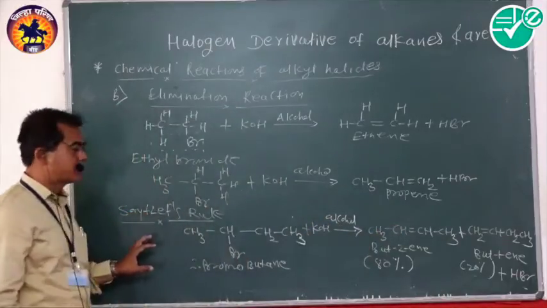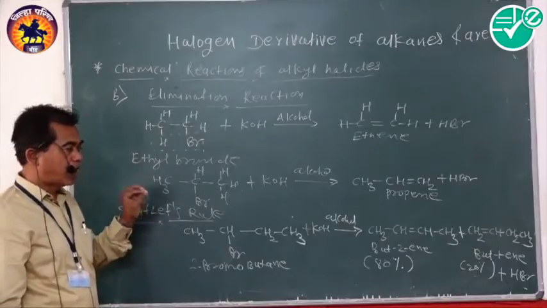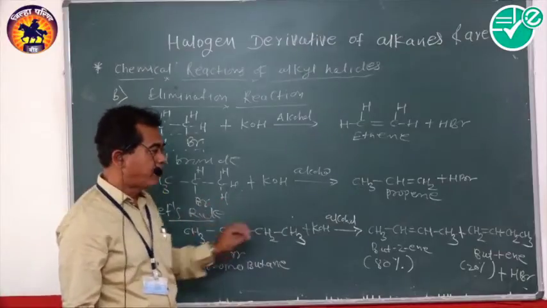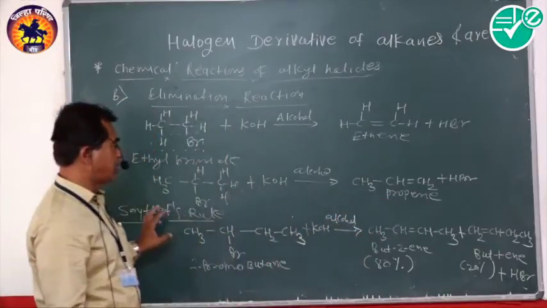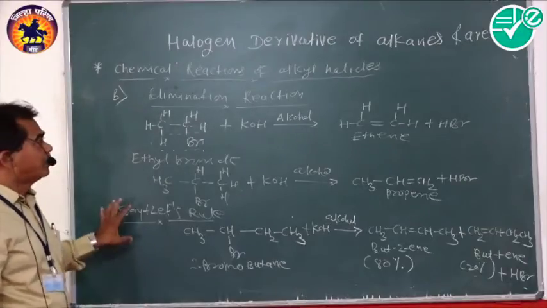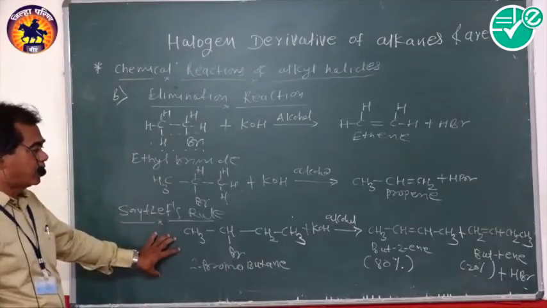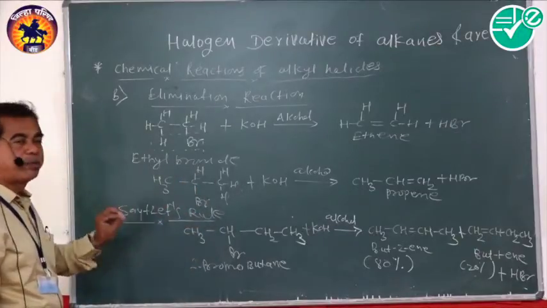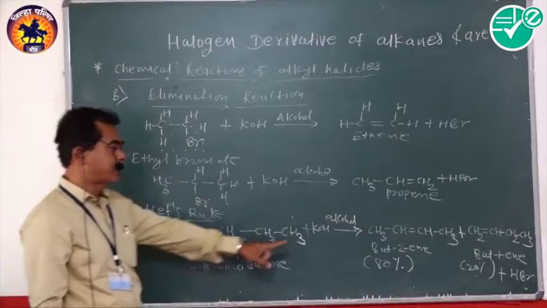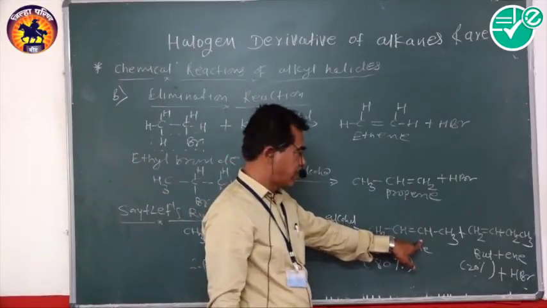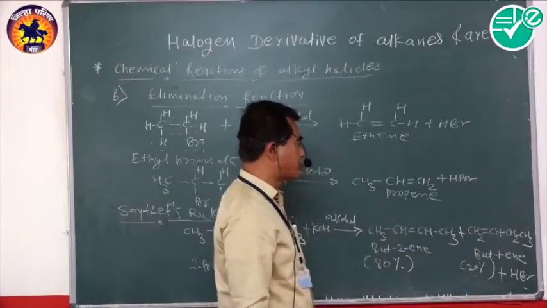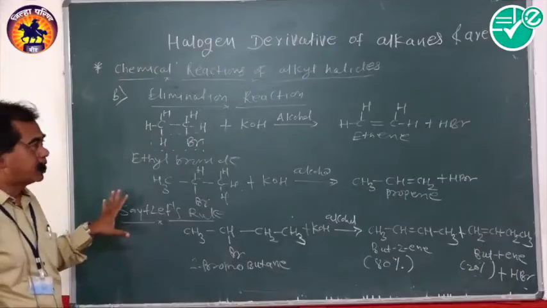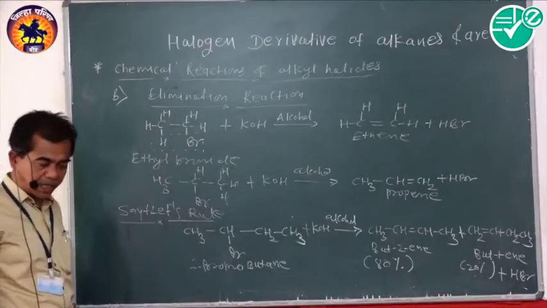So according to Saytzeff's rule, the more substituted alkenes are major products and the less substituted are minor products. In this way, this is about the elimination reaction of alkyl halides.